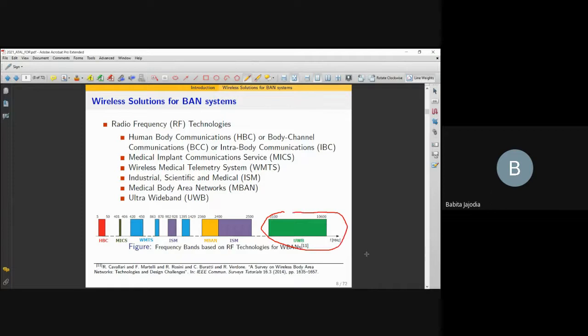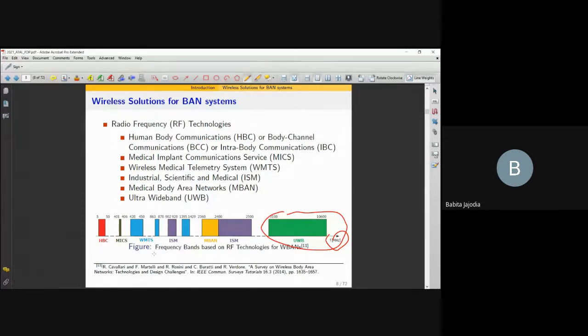As I mentioned, we will be discussing IR-UWB, which is from 3.1 gigahertz to 10.6 gigahertz. Please note that on the x-axis I have put megahertz, so that's why it's 3100 and 10,600.